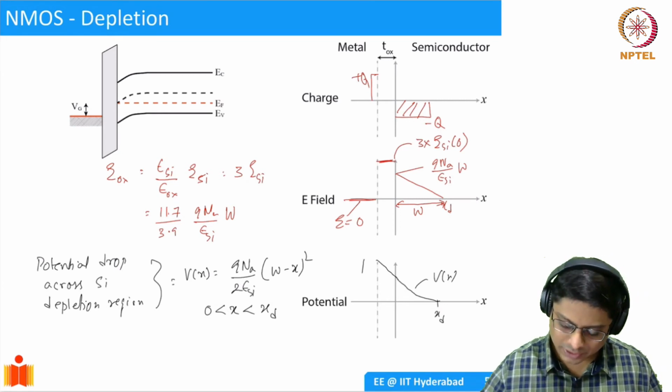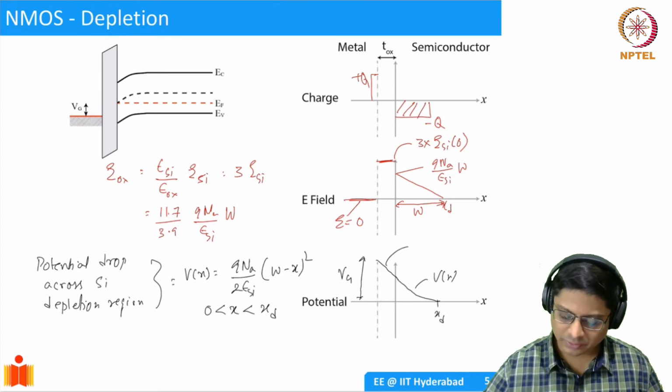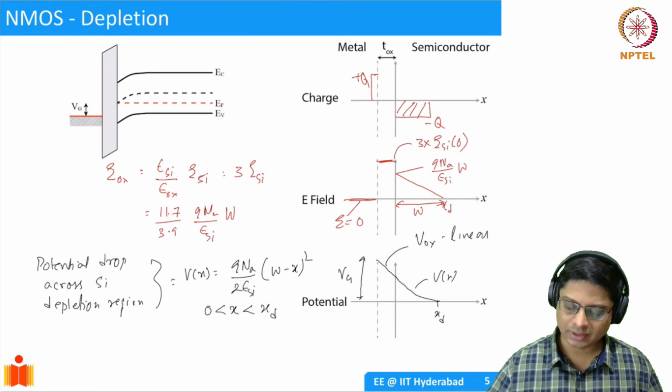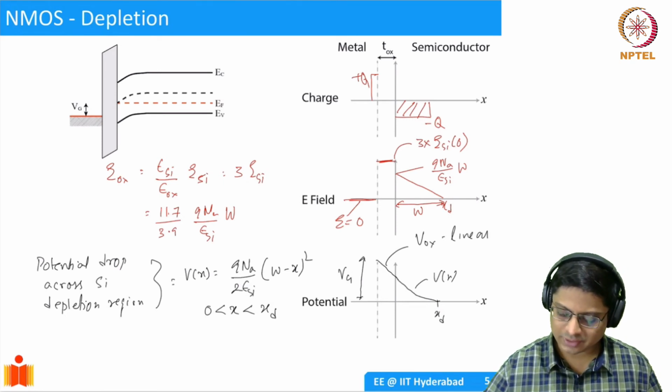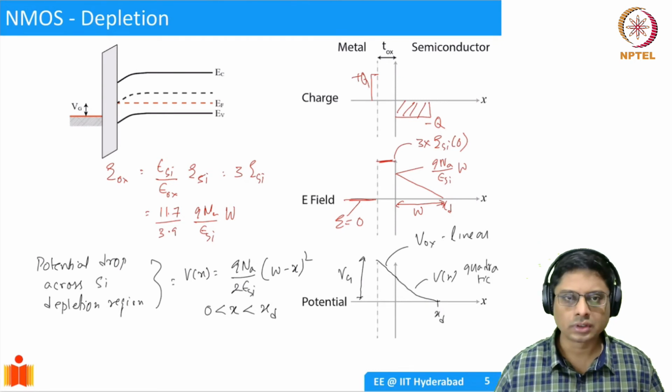So whatever gate voltage we applied, now Vg, this is falling, part of it is Vox, which is linear across the oxide. And this is Vx, which is quadratic.